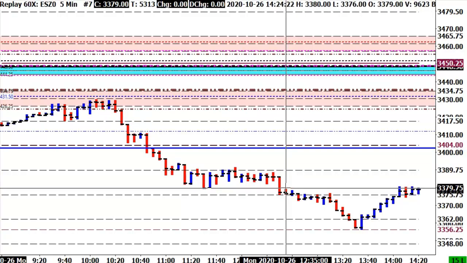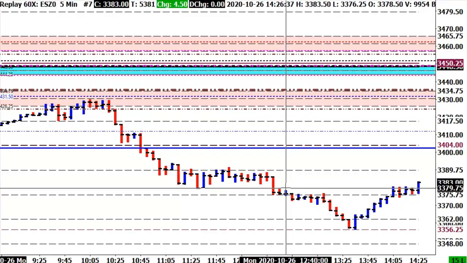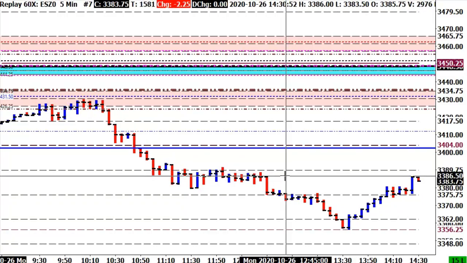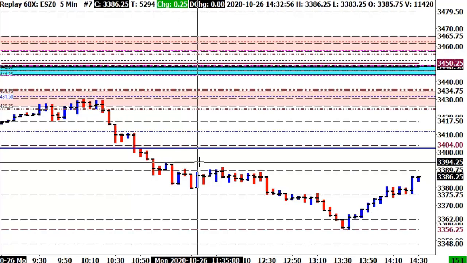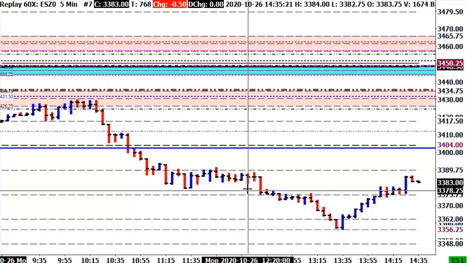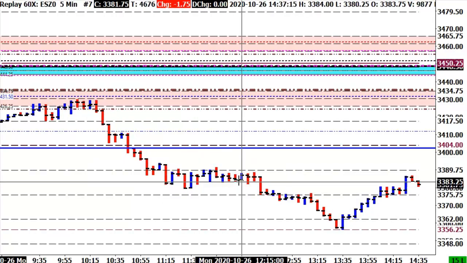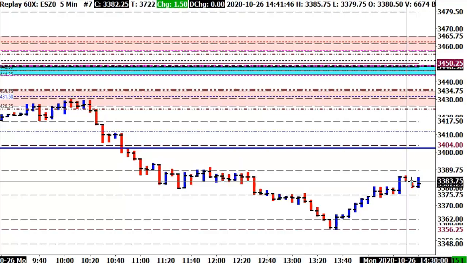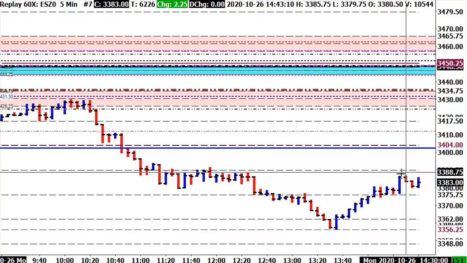Watch it closely. I think it's going to pop up again. There it is. So up into here. Up into this area up here, market generated information created a resistance level. We went back there and it turned the market.